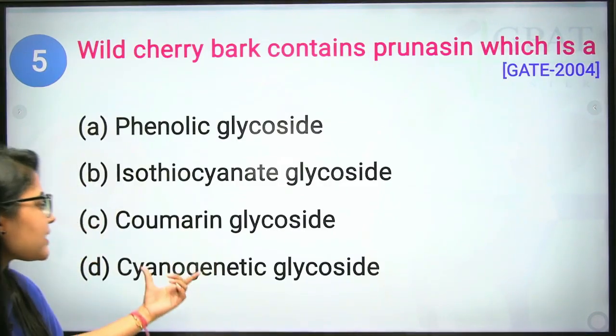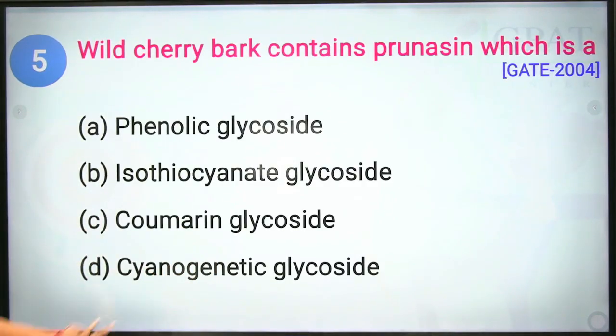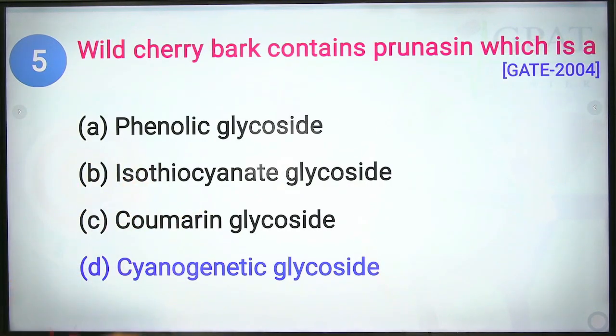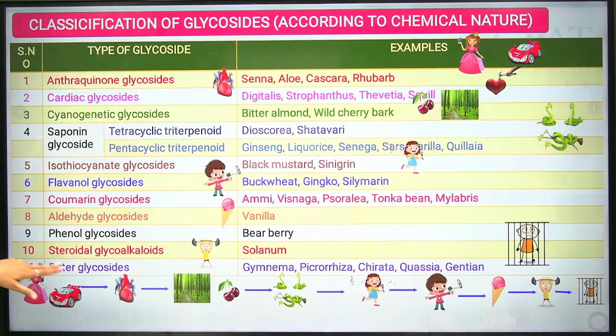So from this cyanide you can correlate with cyanogenetic glycosides. Clear? And it is found in your wild cherry bark. Okay, now the next question.